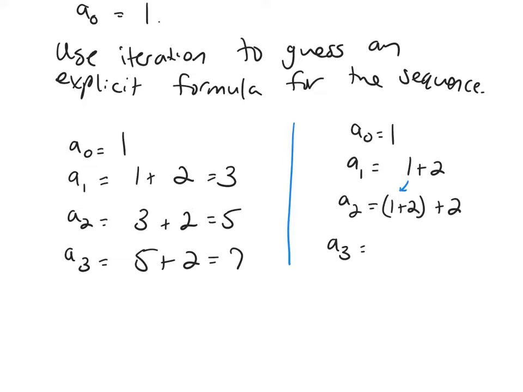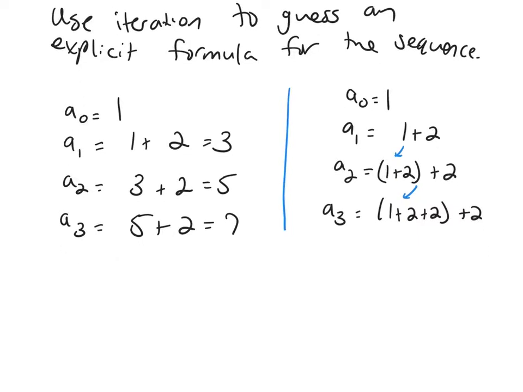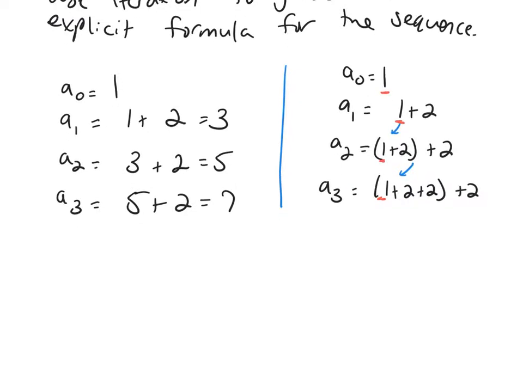For a3, take your previous, 1 plus 2 plus 2 plus 2. And then you'll notice this kind of pattern. You always have 1, and then the number of 2's goes up.